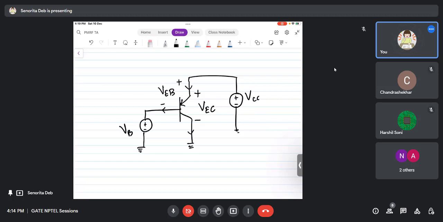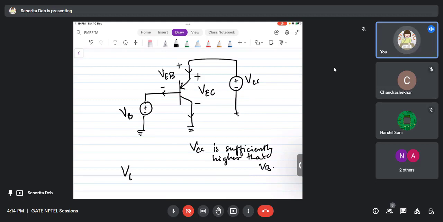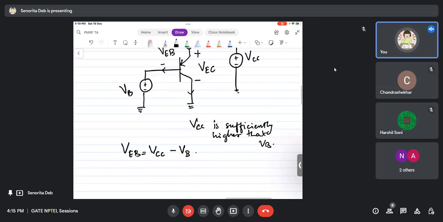So now when VCC is sufficiently higher than VB, EB will be positive, and this has to be 0.8.